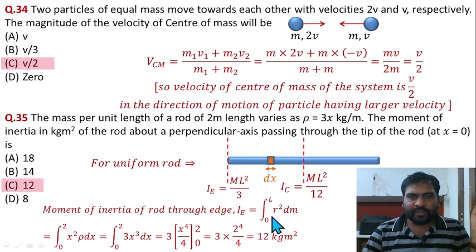Distance from here to here is x, so x square, and dm, mass of this element, equal to density multiplied by dx, so rho dx. Put the value of rho from here, 3x, then this expression is going to be 3x cube dx. Integrate it, so x raised to power 4 divided by 4 and limit 0 to 2 equal to 3 into 4 equal to 12 kg meter square. Option C is correct here.